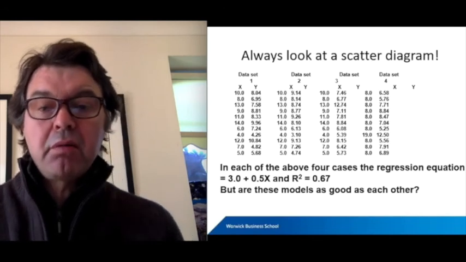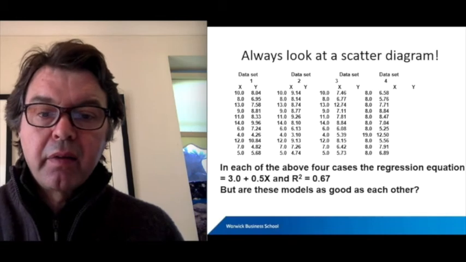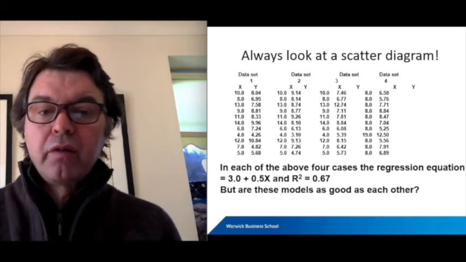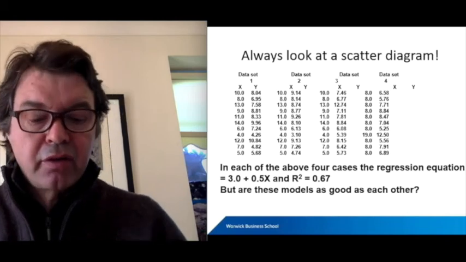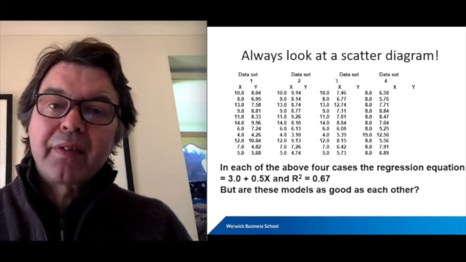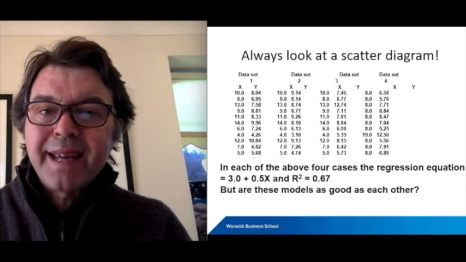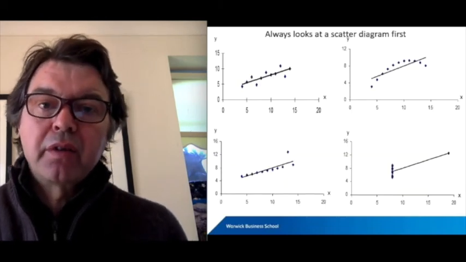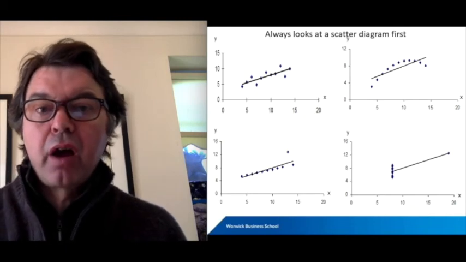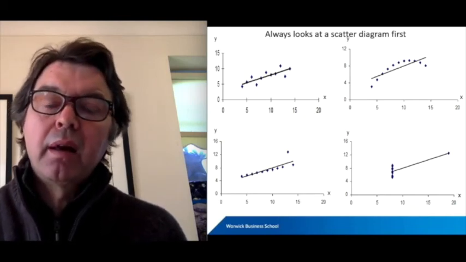So therefore you'd say, oh, there you go. That model is equally good for all those 4 data sets because the R-squared is 0.67. No, because when we look at the scatter, what we see is that only for one of those data sets is the model a reliable summary.